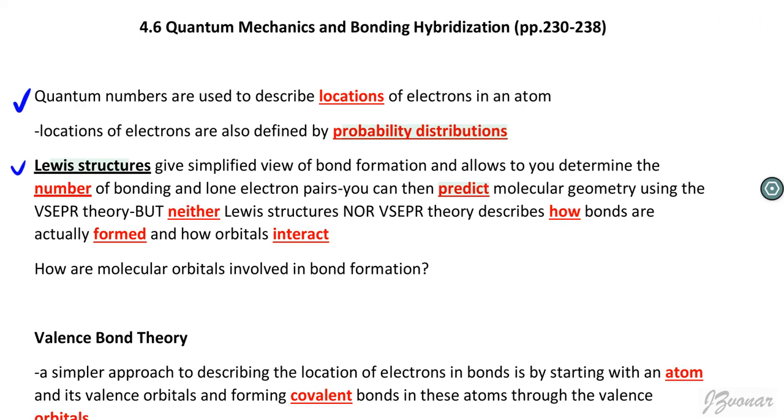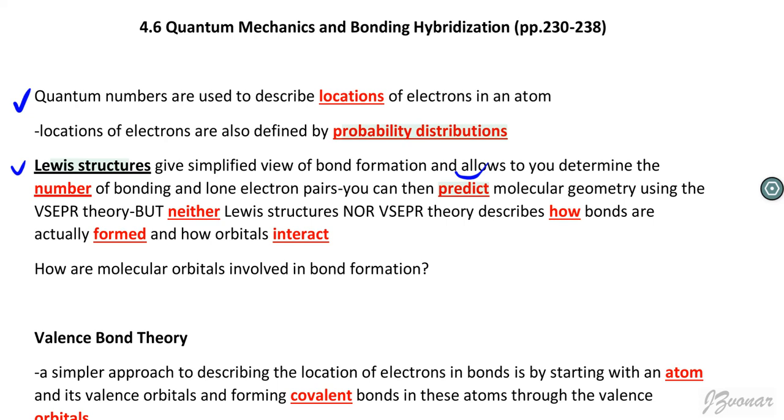All right, so we can determine how many bonds there are and how many lone pairs are found about the central atom. So from here, we've been able to predict the molecular geometry of the molecule using the VSEPR theory.